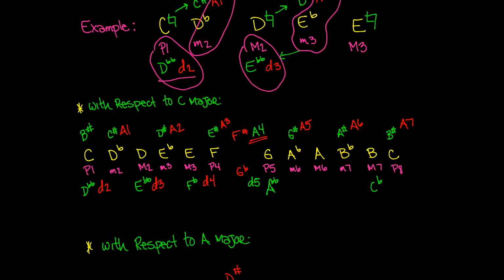Here, this is getting smaller from A flat to A double flat. This is going to be a diminished 6th. We have our diminished 5 here. Here, this is getting smaller from C to C flat, and this is going to be our diminished 8. And let's see, I did miss one.